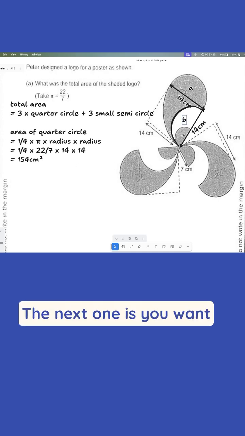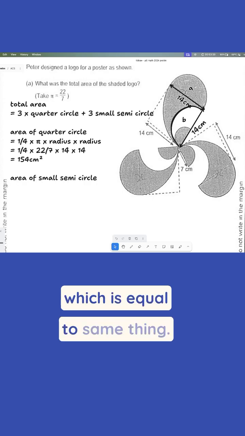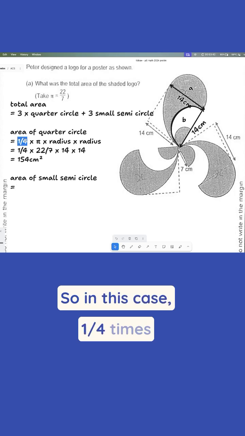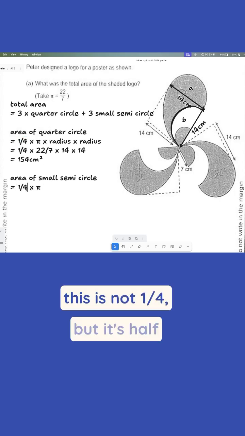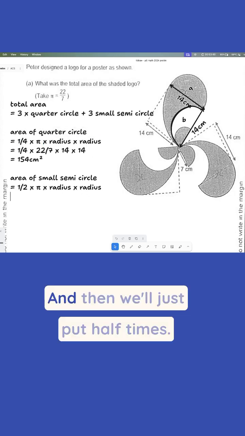So now we know the area of the quarter circle. The next one is the semicircle. Area of small semicircle is the same thing, but it's not 1/4, it's half of pi times radius squared.